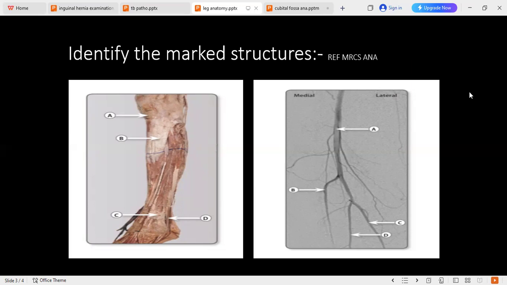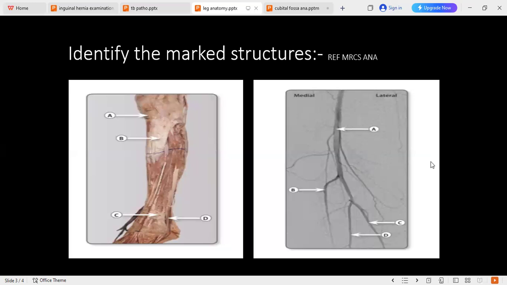Can you please tell me again, in which compartment is the extensor digitorum longus muscle found? Anterior compartment. In which compartment does the tibial nerve run? In the posterior compartment.